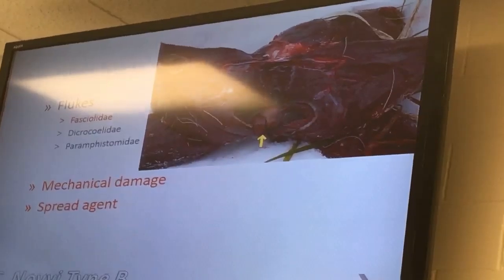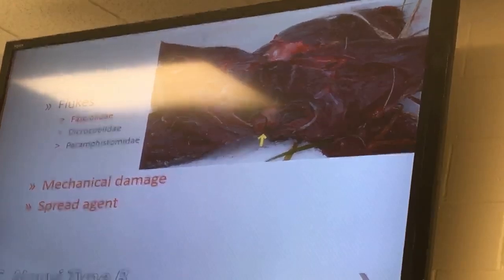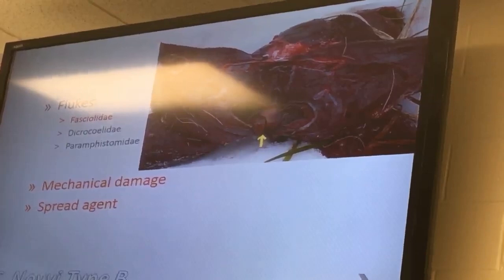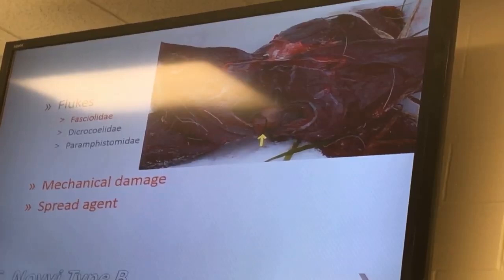Wherever these guys track, they're tearing up all this tissue, and they move pretty fast. I forget how many millimeters a day, but they can cause a lot of damage. But all that damaged tissue has a disrupted blood supply, so there's a decrease in oxygen, which makes a nice anaerobic condition for the spores to germinate.